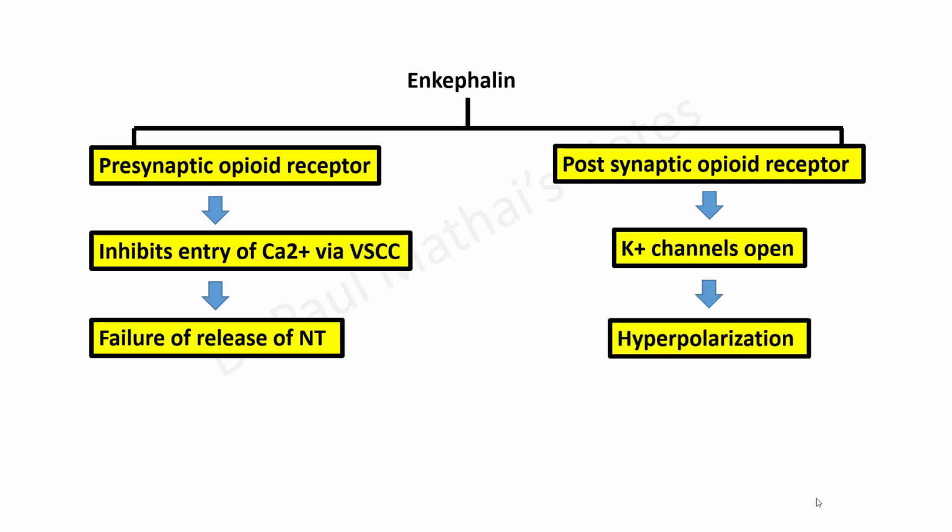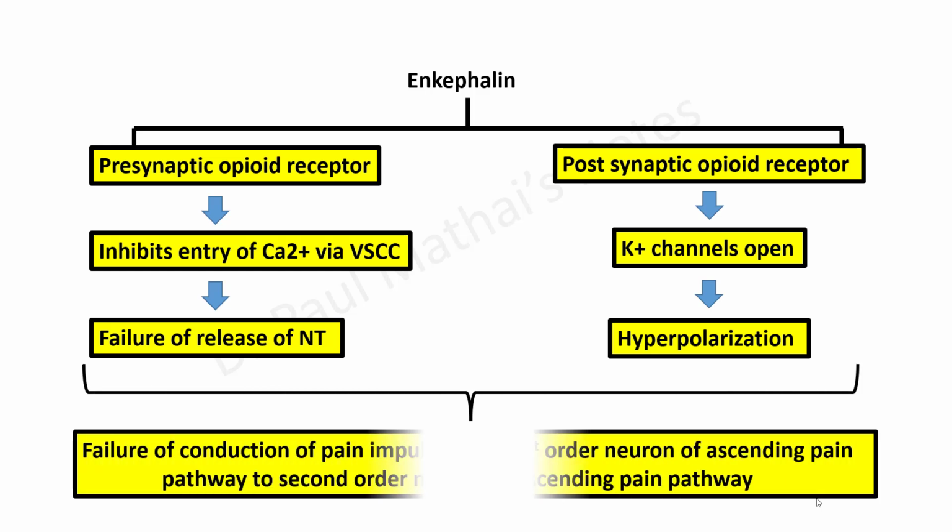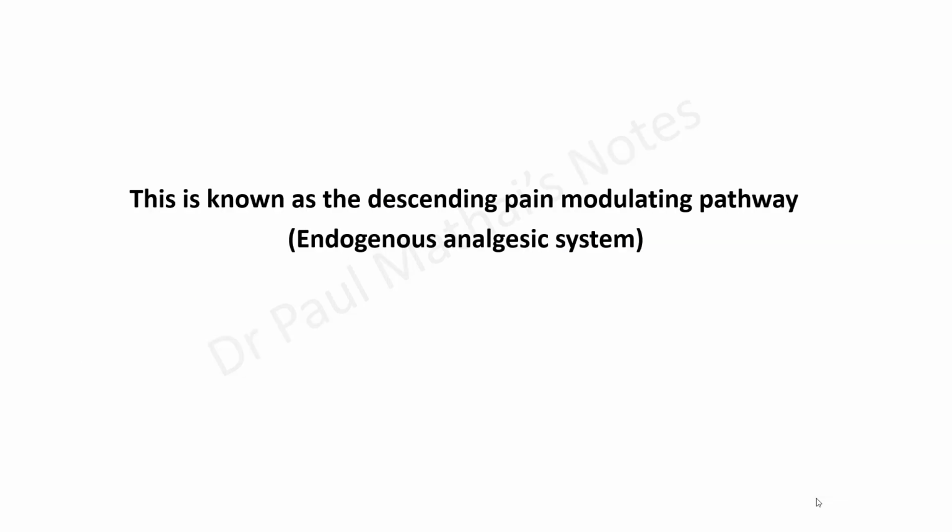This causes hyperpolarization and effectively deactivates that neuron. The end result is failure of conduction of pain impulses from the first order neuron of the ascending pain pathway to the second order neuron of the ascending pain pathway. Now this is known as the descending pain modulating pathway or the endogenous analgesic system.